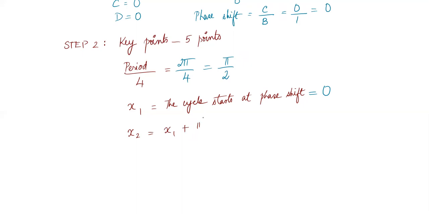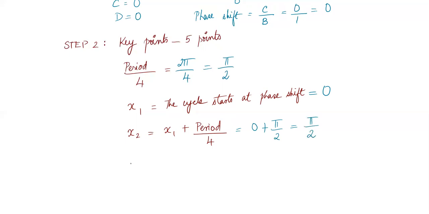I'll just put that in general format here so you can see that. The answer you got from period over 4, that's what you keep using to generate your x2. So x2 here would be x1, which is 0, plus the period over 4, which is pi over 2, which is ultimately pi over 2.